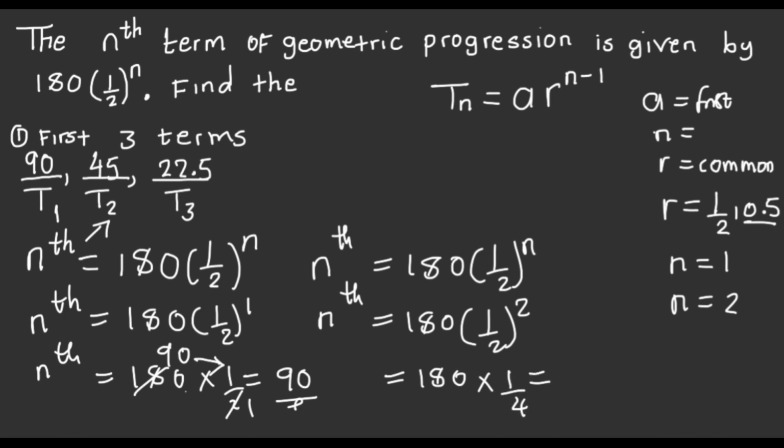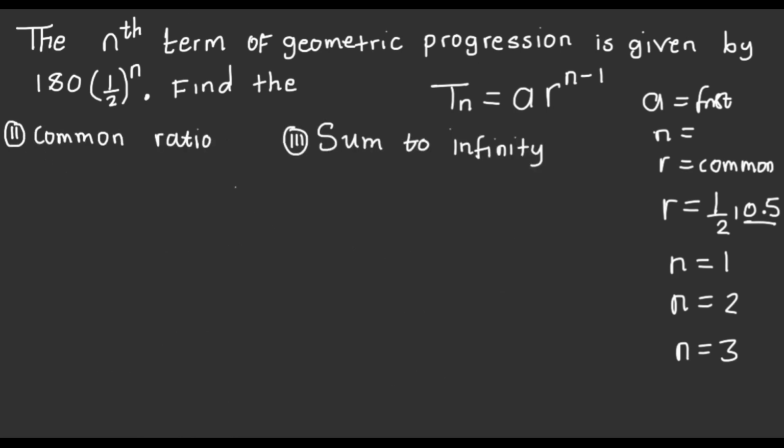If you divide 180 by 4, I'm still getting 45 as my second term. If I want, I can still find the third term. This time you just substitute n with 3, since 22.5 is in position number 3. So this is how this question was supposed to be answered.